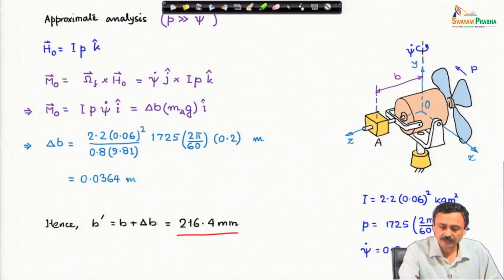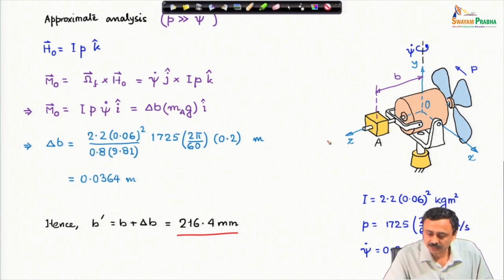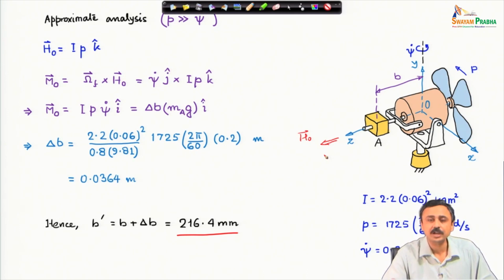Just to give you a geometric picture of this, this was the angular momentum vector, almost, because psi dot is considered to be negligible. So, this is the net angular momentum.